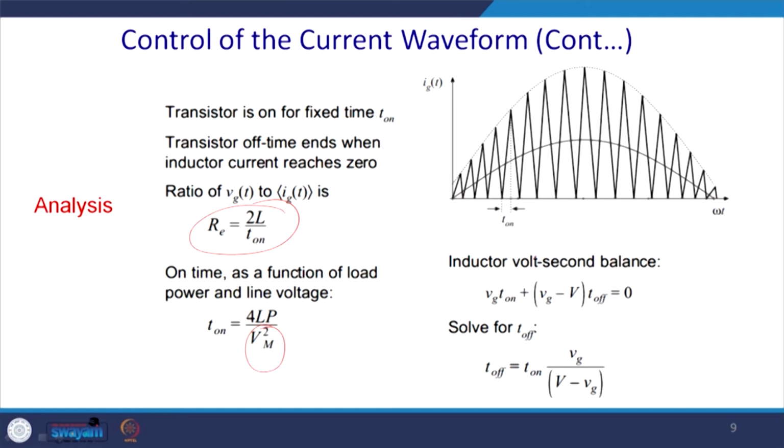So, charge should not be stored in the inductor. So, Vg into T on, plus Vg minus V into T off; if you solve it, T off should be equal to T on, that is what we want, the symmetrical triangle.